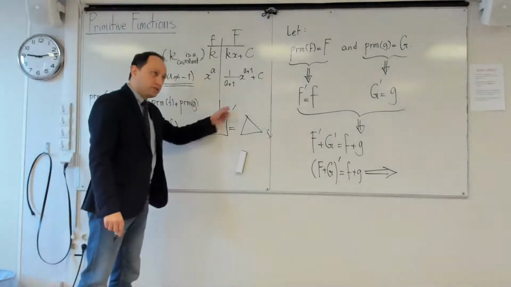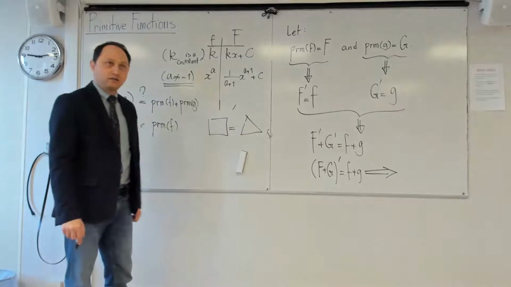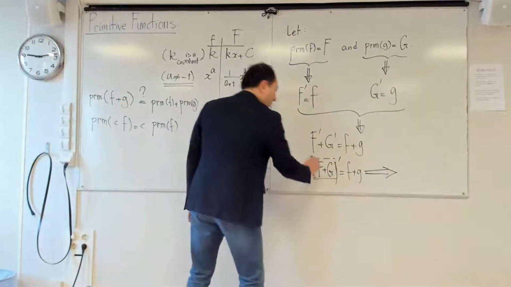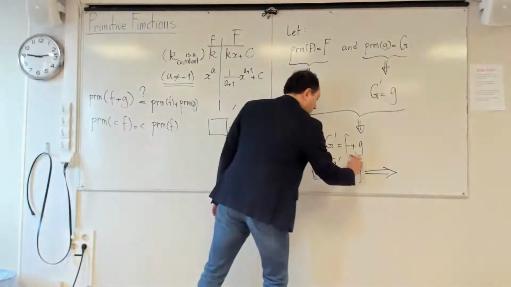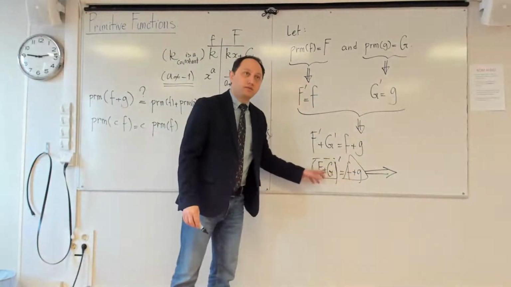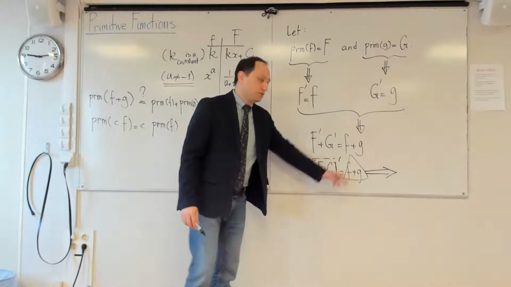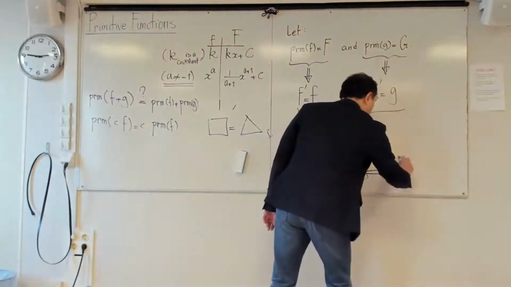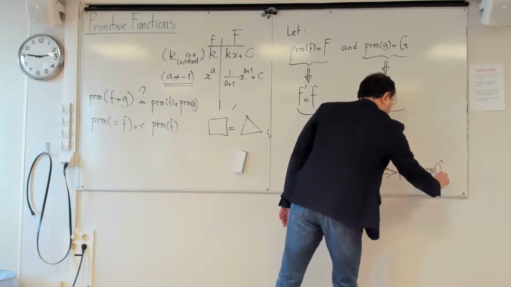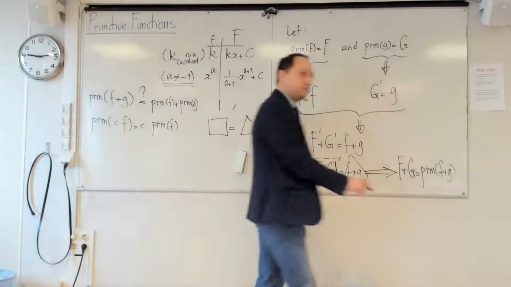Yeah, the box is a primitive function of the triangle. Do you agree? That's the meaning. Now, this is playing the role of your box, and this is playing the role of your triangle. So the box prime is the triangle, which means the box is the primitive function for the triangle. So F plus G is the primitive function for the triangle. Do you agree with me or not?